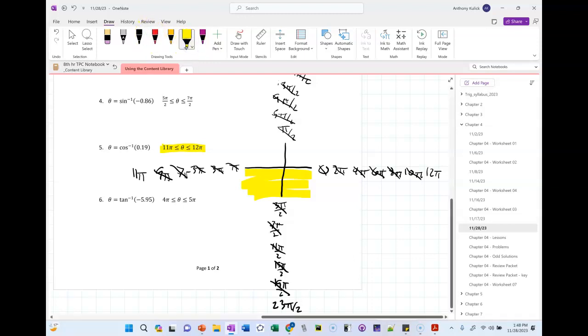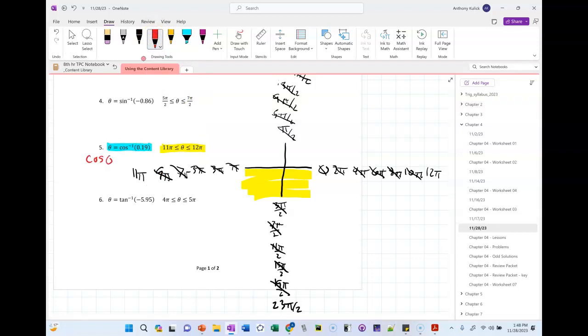Next, I'm going to be looking at this piece, because I know that's equivalent to saying cosine theta equals 0.19. Well, basically, I'm just noticing that cosine is positive. So if I use, yes, Maya? Sure. If I use all silly turtles crawl, I recognize that cosine should be positive in, oh my goodness, can I spell, guys?